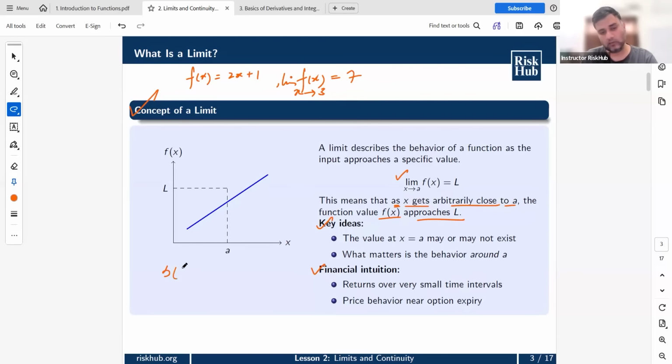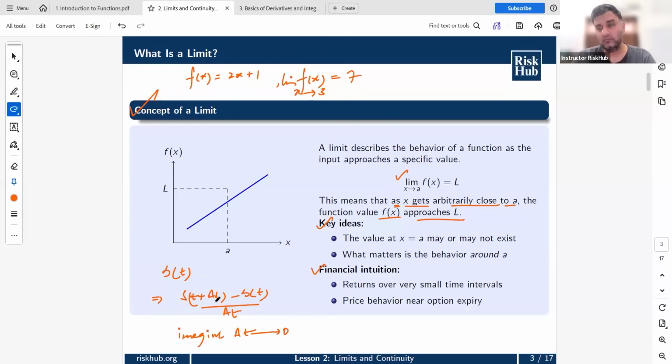Now imagine when delta t tends to 0. This limit becomes the instantaneous return. This is the foundation of your continuous time finance models.